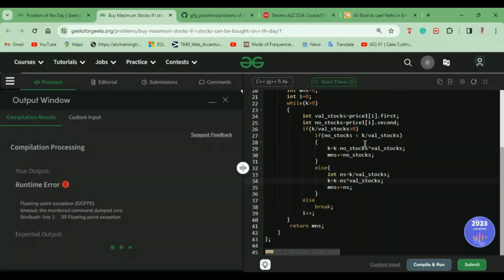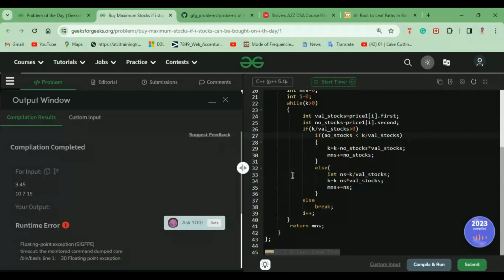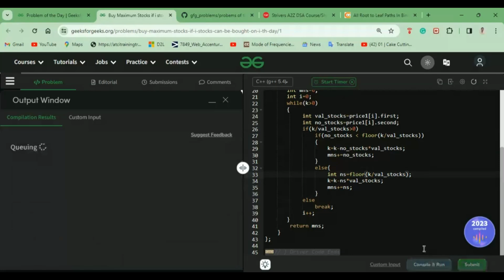I'm not sure what this exception is. Let's try to make it a floor. I don't want any kind of floating point error, because I'm not sure whether this will work or not.